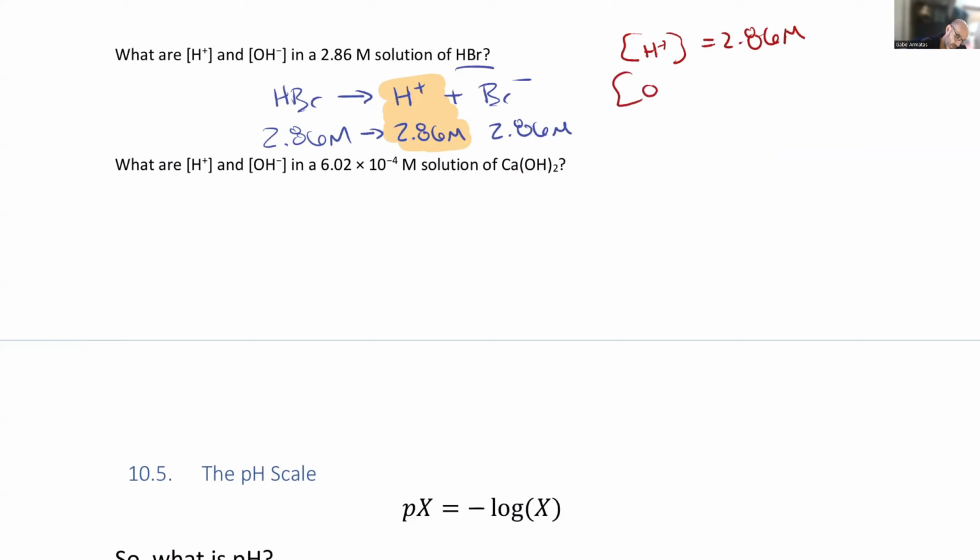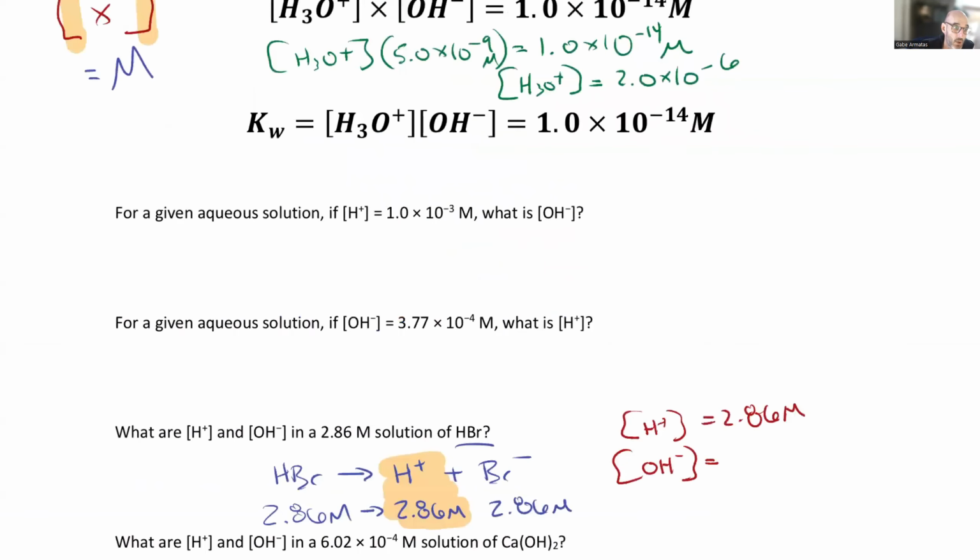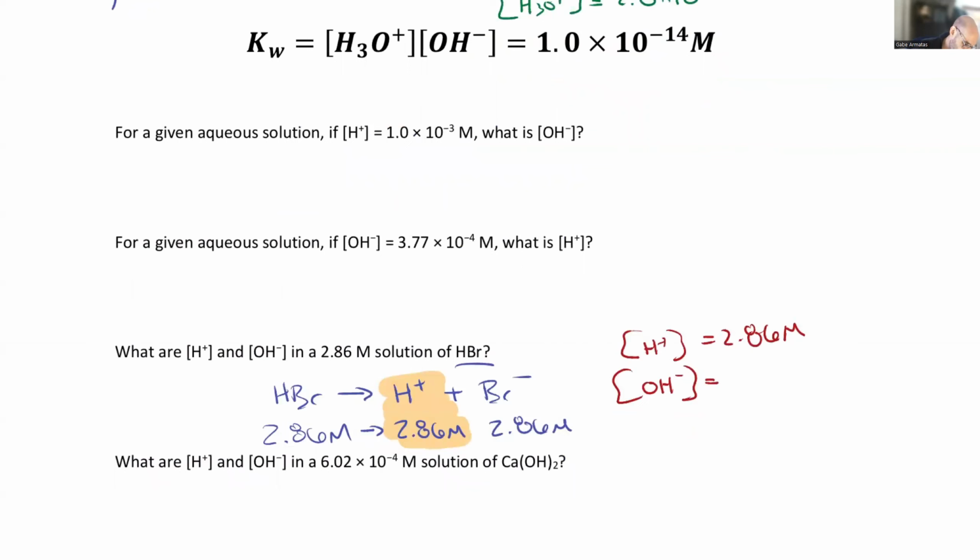What is the concentration of OH minus? That's a little bit more tricky. So the concentration of OH minus is using the equation above. I'm just going to rearrange this equation up here, right? The concentration of OH minus is equal to 1.0 times 10 to the negative 14, all divided by the concentration of H plus, which I have, right?